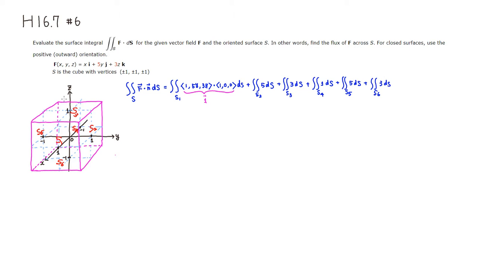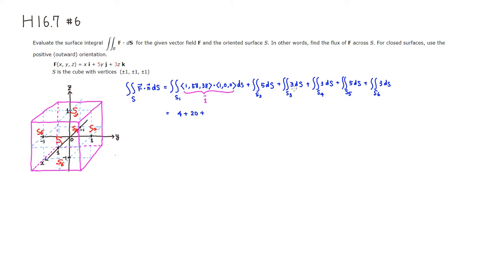Since this is just a cube and each side is 2 by 2, the area is going to be 4. So this is the area of S1, which is 4, plus the area of S2, which is 4 times 5, so 20.